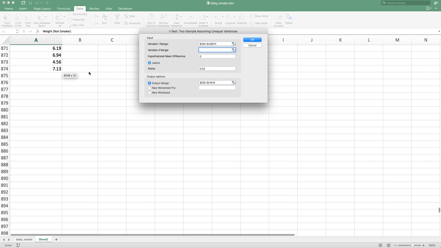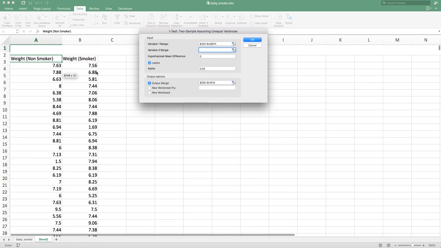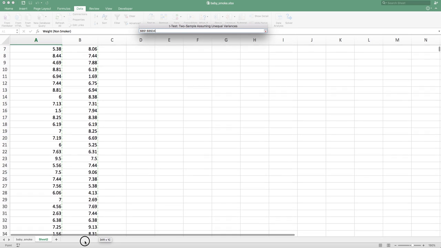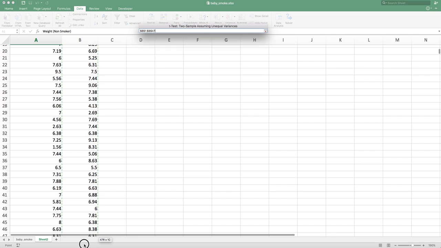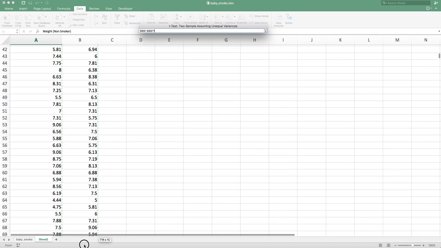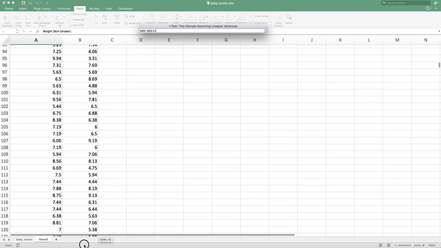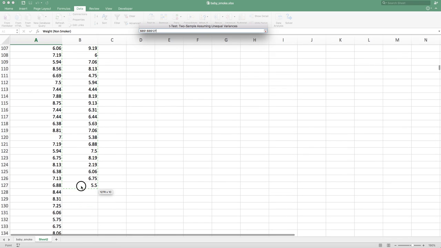Okay, and then variable 2 range is way up here. Let's get the smoking mothers, so I'm going to get just them. There's only 120 some of them. And there they are.